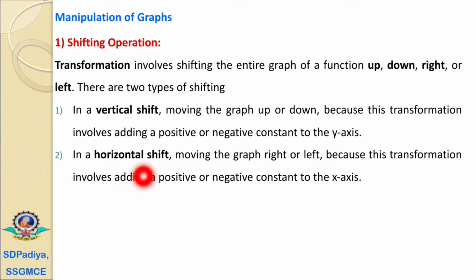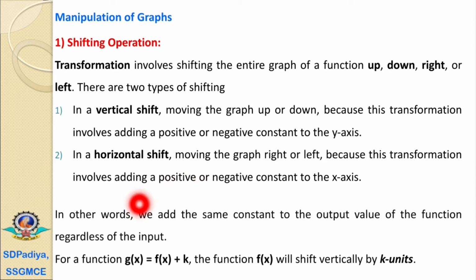While in a horizontal shifting, the graph is moving right or left because this transformation involves adding a positive or negative constant to the values of the x-axis. That is, in a vertical shifting, we can perform the addition or the subtraction of the values. We can increase or reduce the values of the y coordinates, and in horizontal shifting, we can increase or decrease the x coordinates.